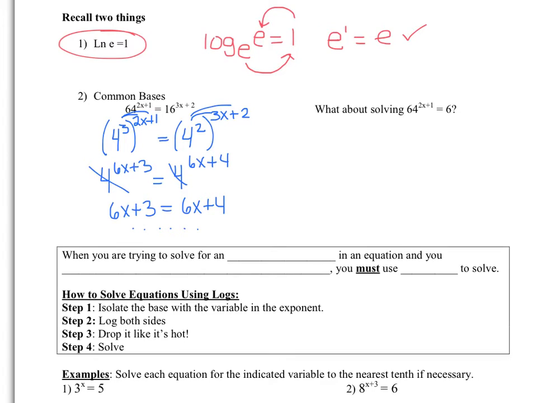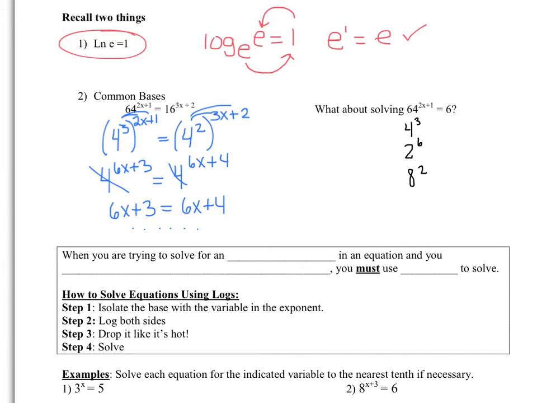That's all well and good, but what about solving an example like this? 64 to the 2x plus 1 equals 6. Can I rewrite 6 using 4 or 2 or even 8? Like 64 is either 4 to the third, 2 to the 6th, or 8 squared.